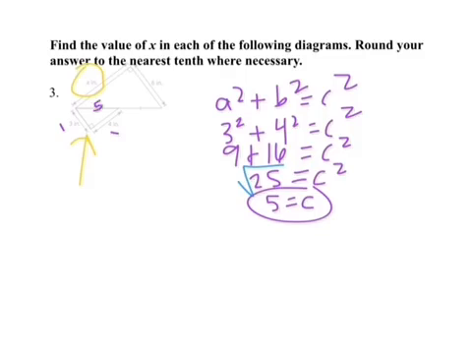Now you can see there's tick marks there that show that these two pieces are even, so that's 5 and 5. So the hypotenuse here to here would be 10. So now I have a leg and a hypotenuse to figure out the value of x. So I have to do another problem.